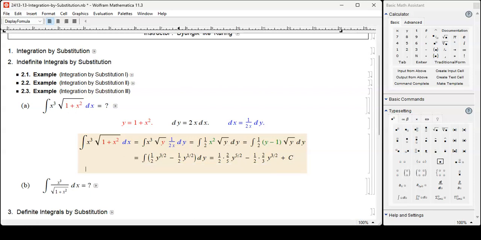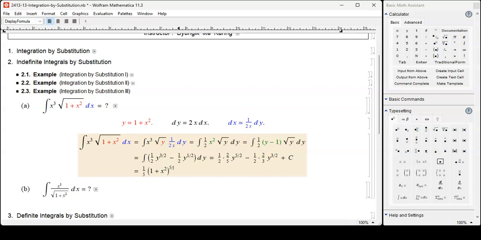Let's go to the final answer. 1/2 times 2/5, so 1/5. And then what is y? 1 plus x squared and 5/2 power. Next, 1/2 times 2/3, so 1/3 times 1 plus x squared to the 3/2 power. And finally, that'll complete the problem.